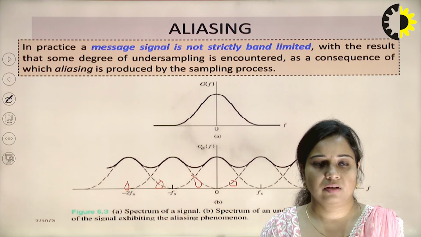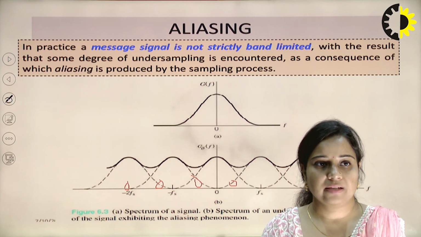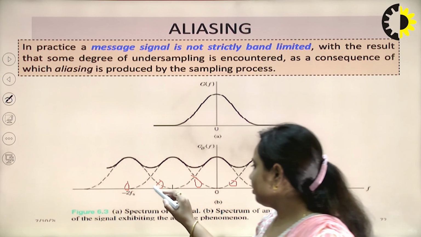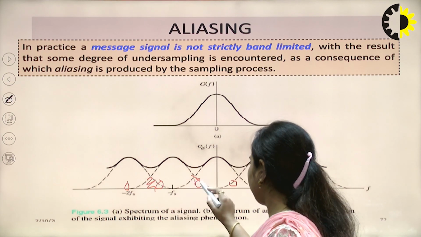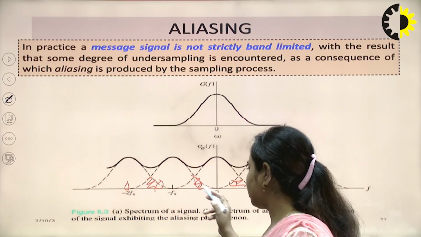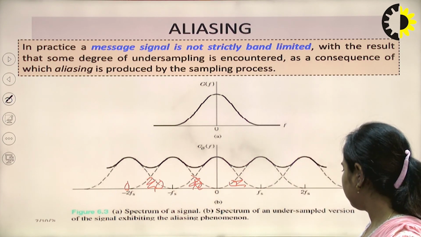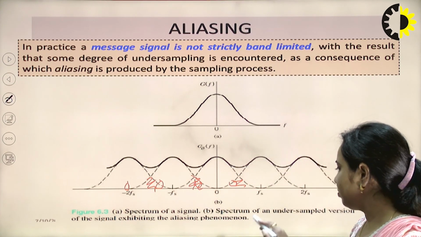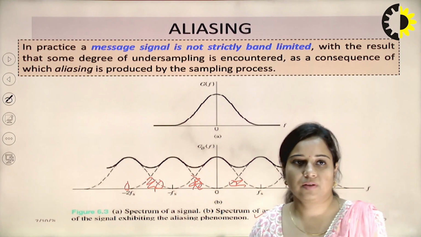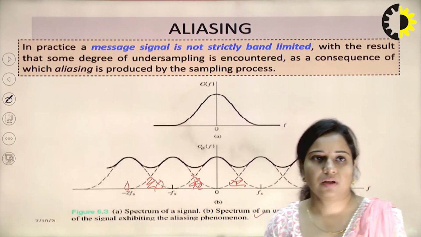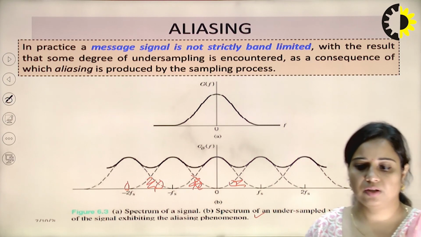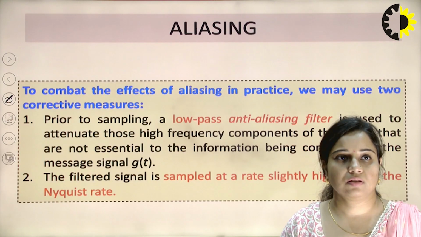Now, when aliasing is done, you can see that there is loss of information taking place. This is basically the overlapping of the samples. This is the spectrum of an undersampled version of the signal exhibiting the aliasing phenomenon. So, that is the case for aliasing when Fs is less than 2 Fm, and it is generally not considered.